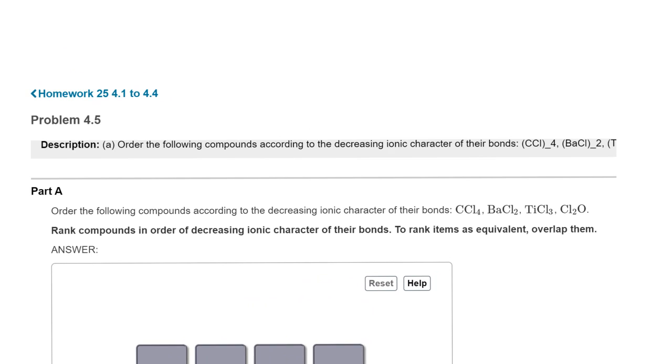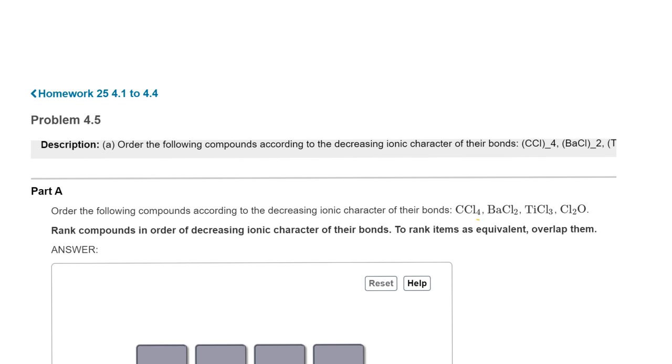Couple things. First, when we were just doing quick and dirty definitions of ionic and covalent compounds, one of the things we said was that an ionic compound is usually between a metal and a non-metal, and that covalent compounds are usually two non-metals.